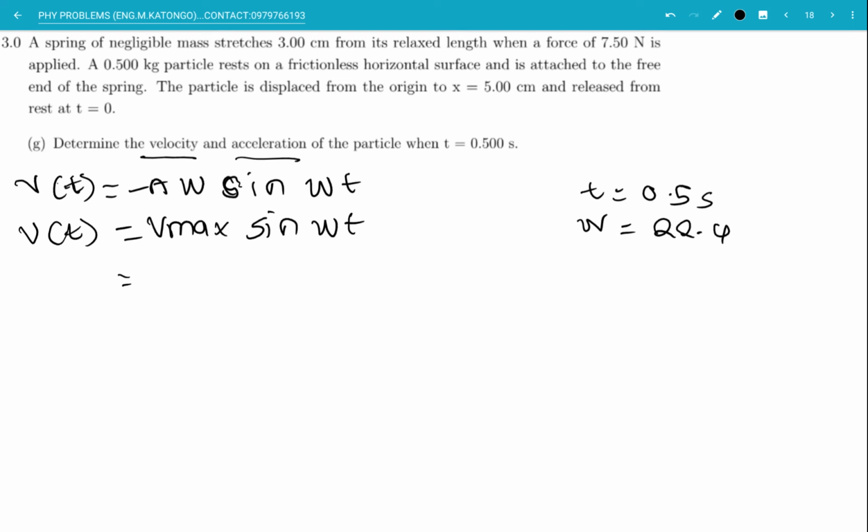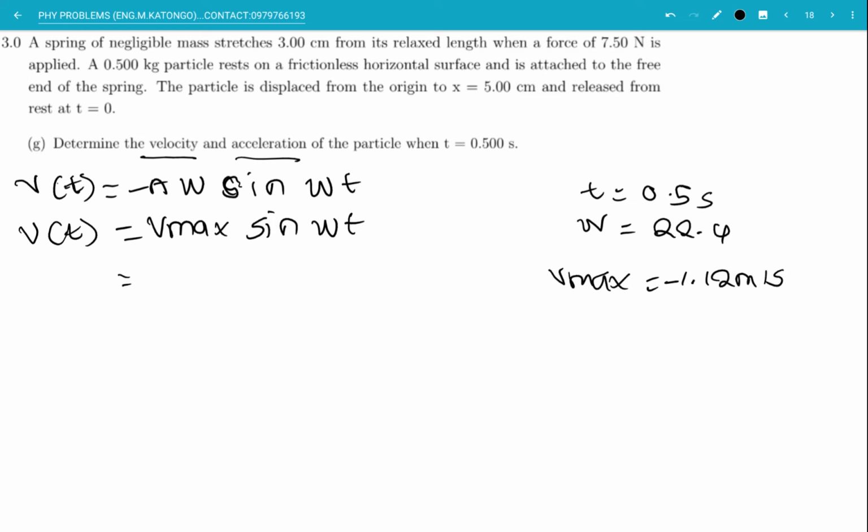Replacing that into our equation, previously we had obtained the maximum velocity as negative 1.12 meters per second.